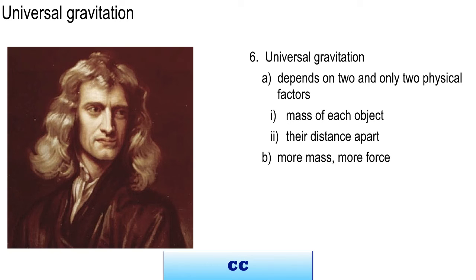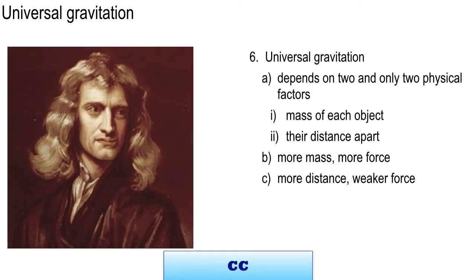He said it has to behave in this way: the more mass you have, the more force. So the mass has to be up in the numerator if there's a fraction, it can't be in the denominator. But if there's more distance, the force is going to be weaker. So yes, the distance does have to be in the denominator.